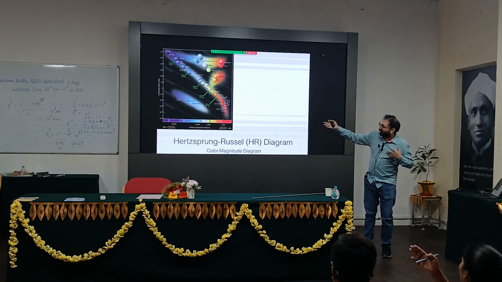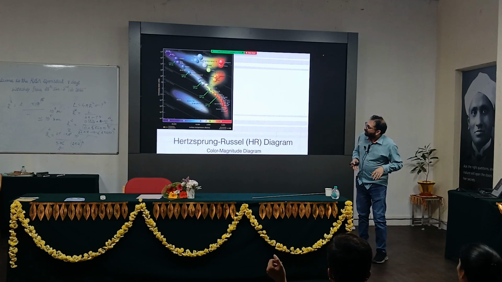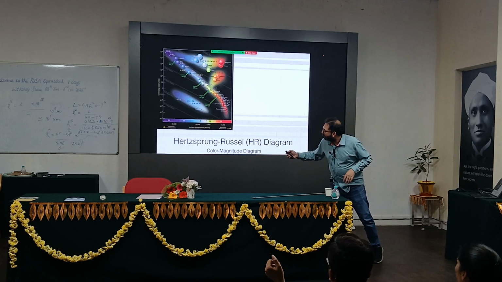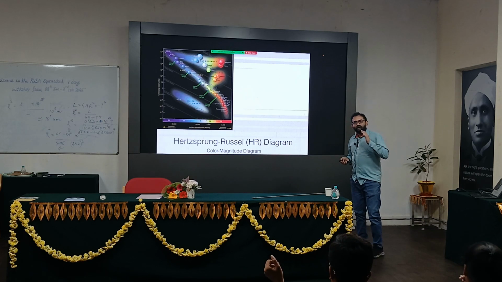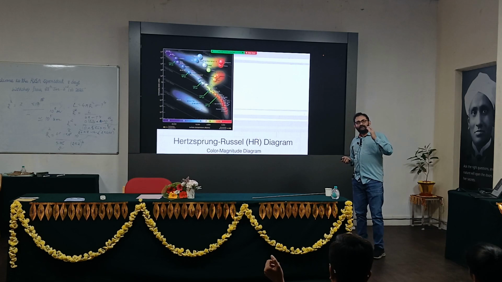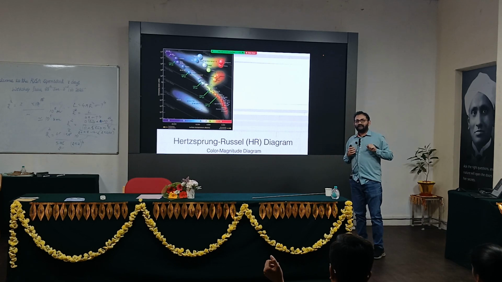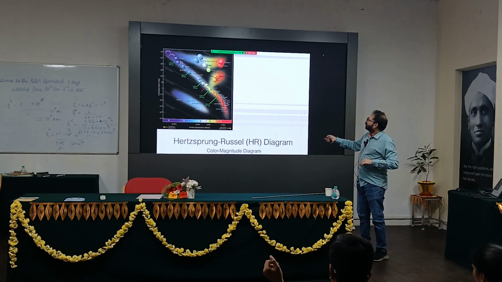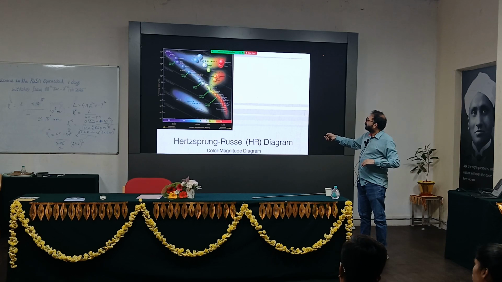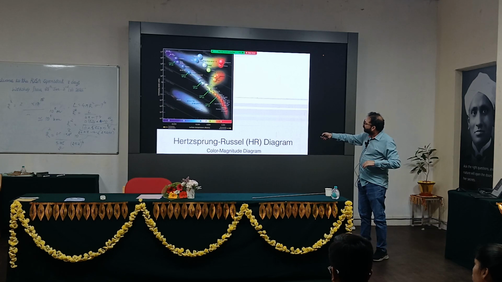You can see that it's R squared and T to the fourth. So if you know the radius of the star and you know the temperature, you can get the luminosity, or the other way around. I think all these researchers made our life very simple so that we can understand it. So that is the way you can actually get the mass information, and you will see the radius information.